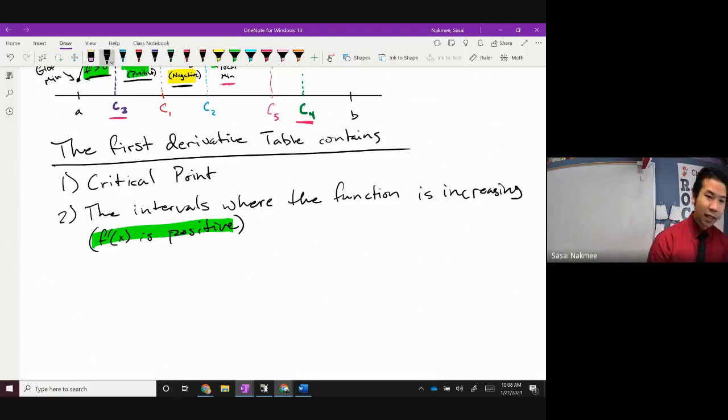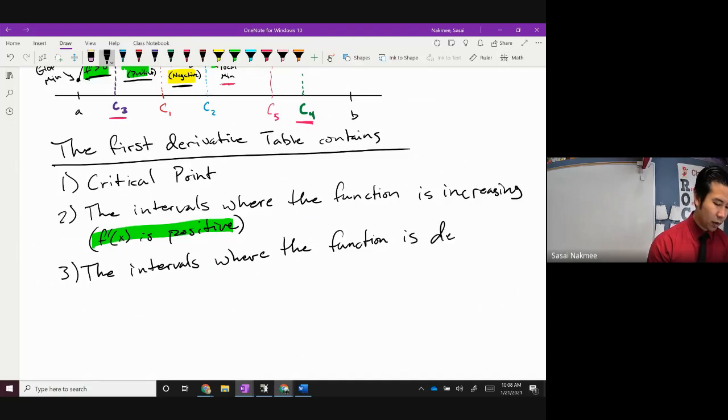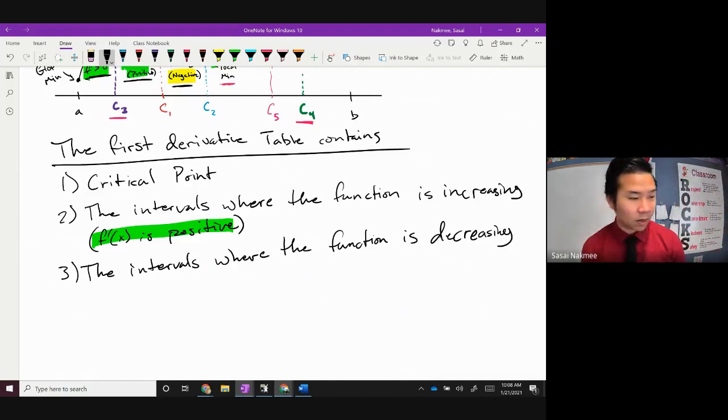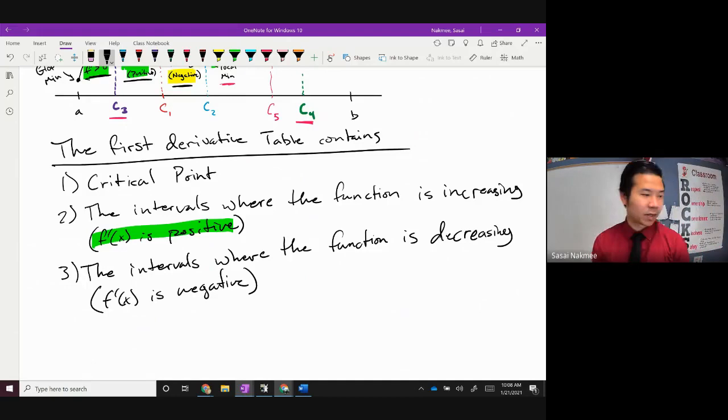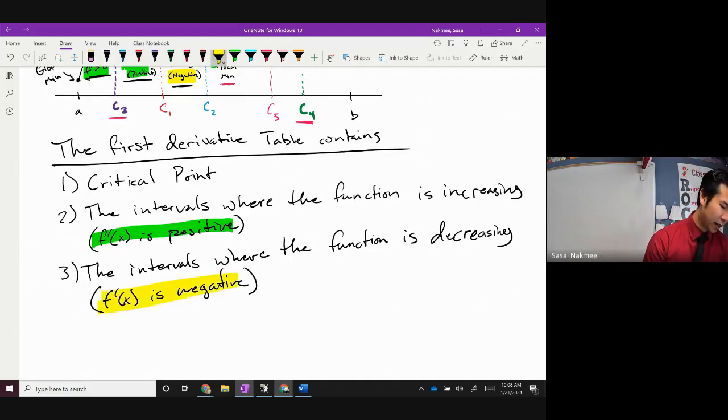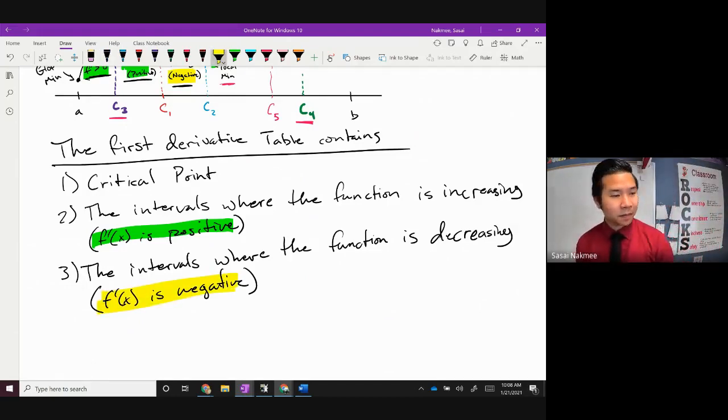And the last thing that it contains is the intervals where the function is decreasing. That's going to happen where f prime of x is negative. And that's occurring right there. Okay.